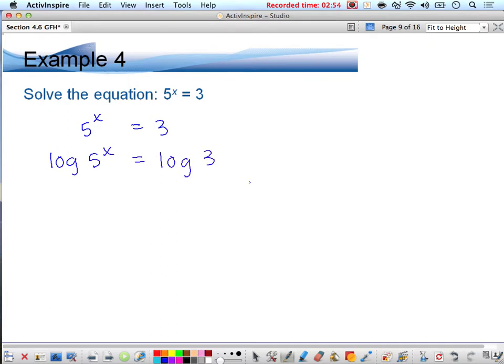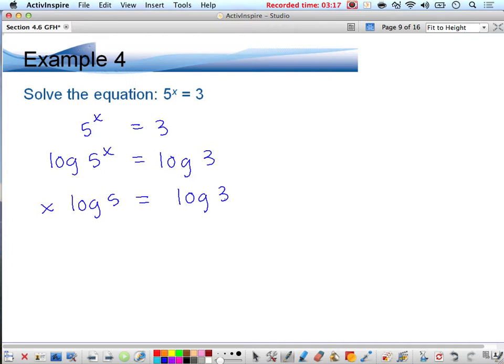Remember that you can do this as long as you do the same thing to both sides. That will allow you to use the power property on the left side and let you bring that x out into the front. So the x will come down and become the coefficient. So now we have x log of 5 equals the log of 3. You all okay with that?